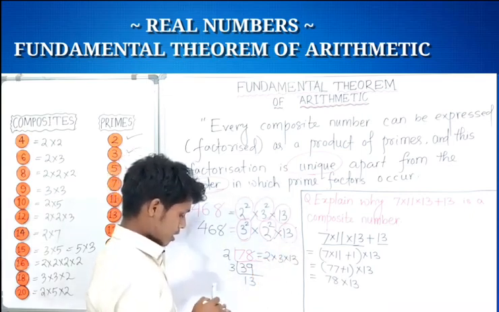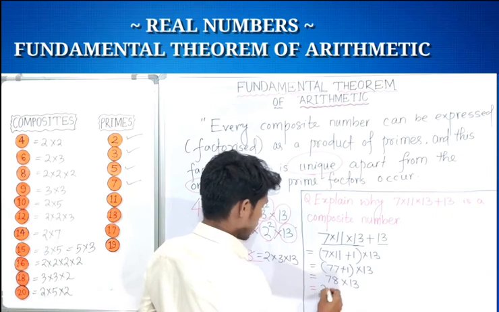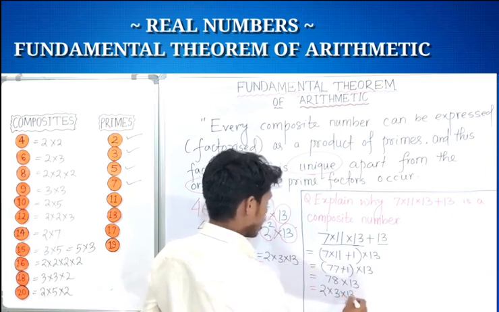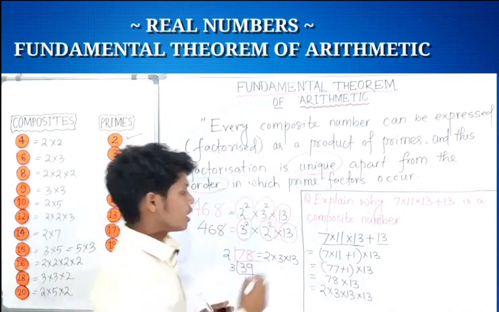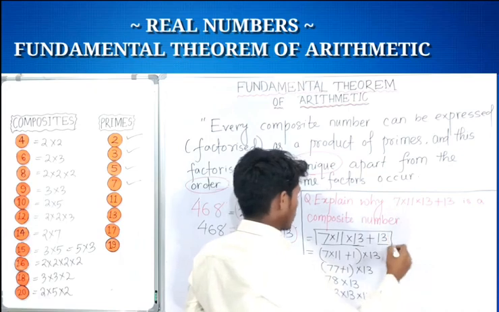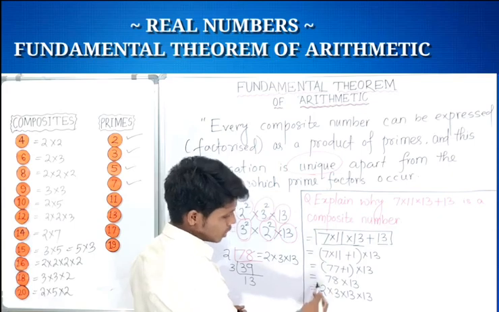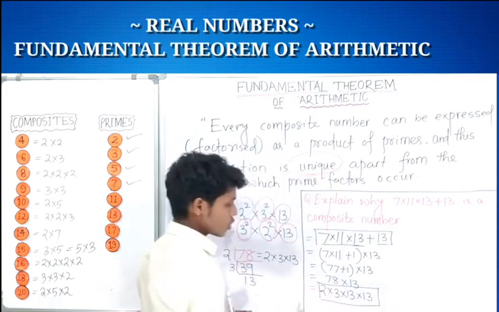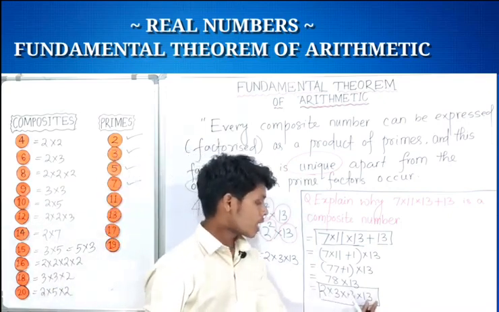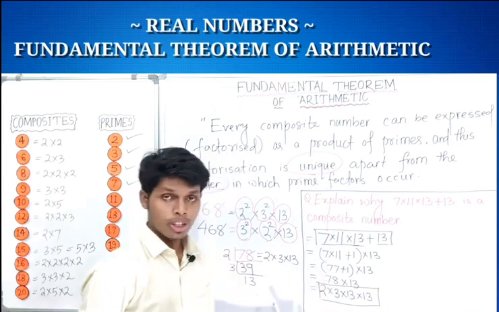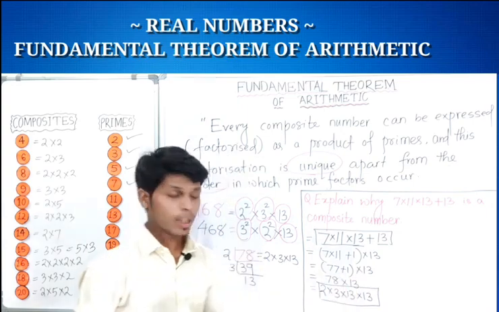Now let's replace this in place of 78. In place of 78 we can write 2 times 3 times 13, and again there was another 13 multiplied here. So the original expression given to us, 7 into 11 into 13 plus 13, has turned into another expression, 2 times 3 times 13 times 13, and here each of the numbers multiplied is a prime number, and there is no other sign except multiplication.